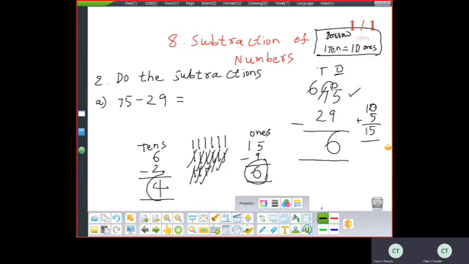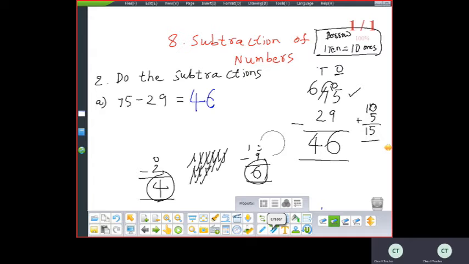This answer 4, write in tens place. 4, 6, 46. 75 minus 29 is equal to 46. This is our answer.